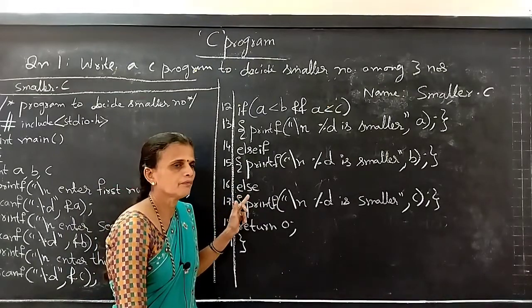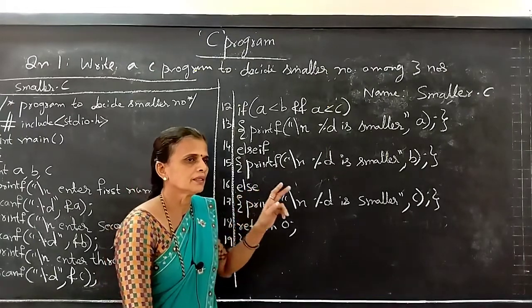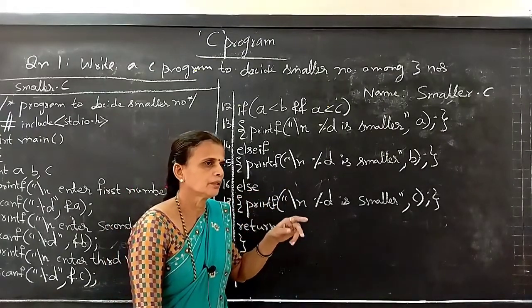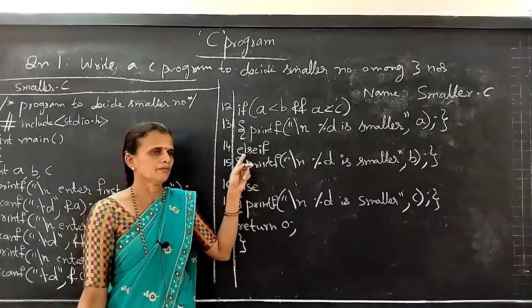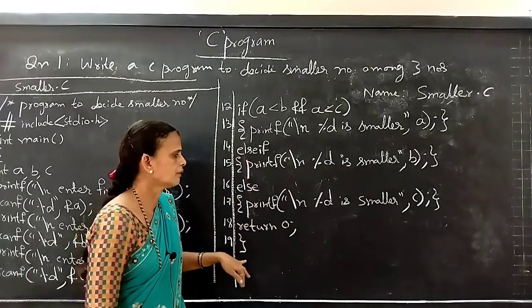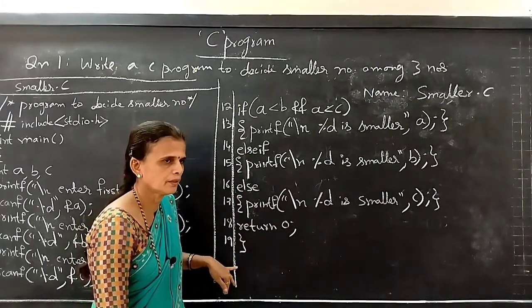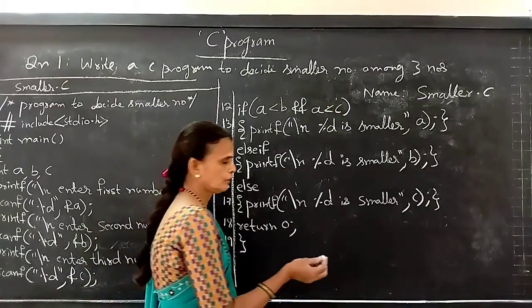So for that purpose we will use else if. So remember, when there is a checking with more than 2 numbers, we are going to use else if. Understood? Okay.